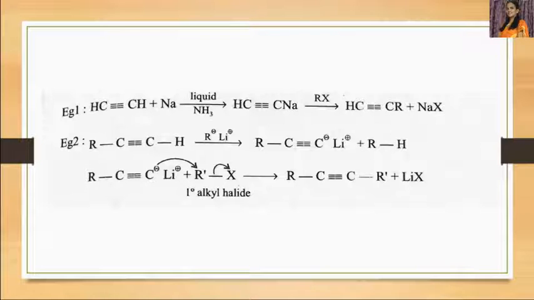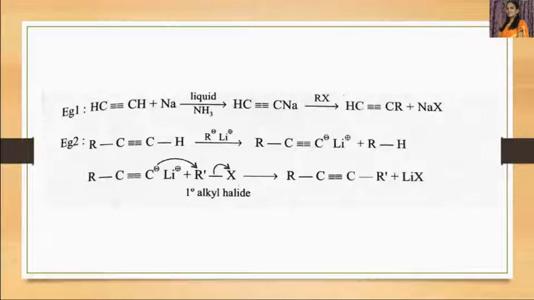This is a general example only, because here we considered R. So let's see. R-C triple bond CH, a general alkyne, treated with RLi. Then this H plus is replaced by Li. We will get lithium alkylide, plus RH.